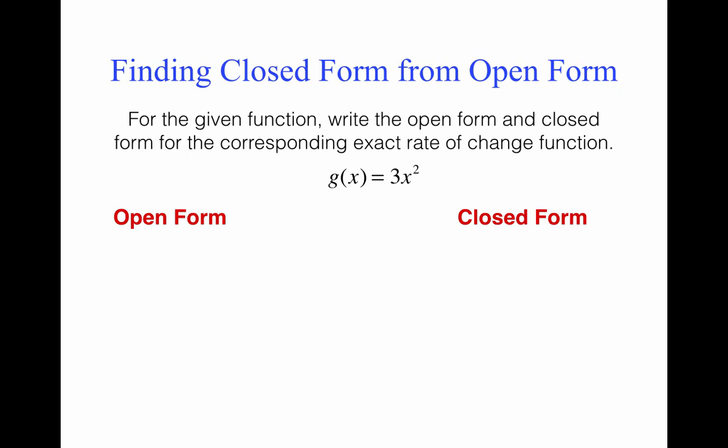Let's see how that works. For this function, g of x equals 3x squared, I'm going to write both the open form and a closed form for the corresponding exact rate of change function.